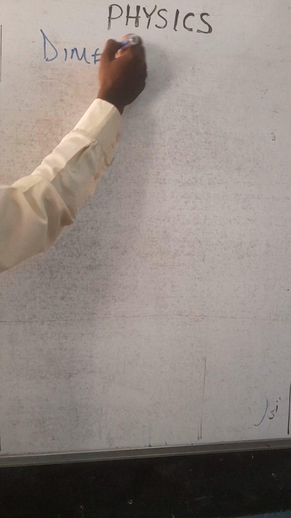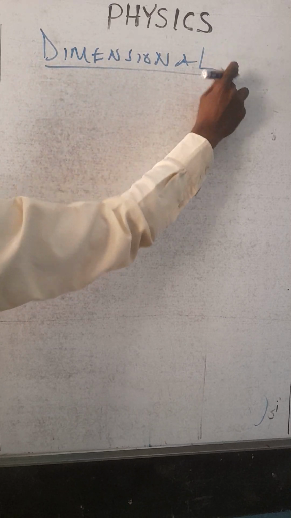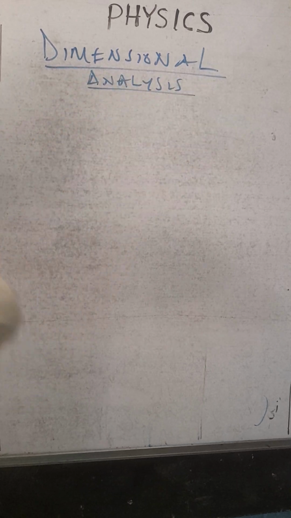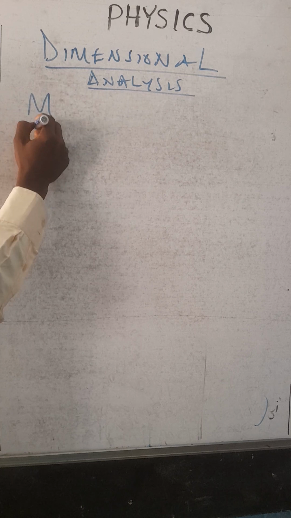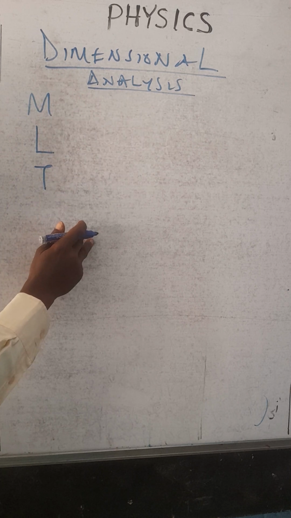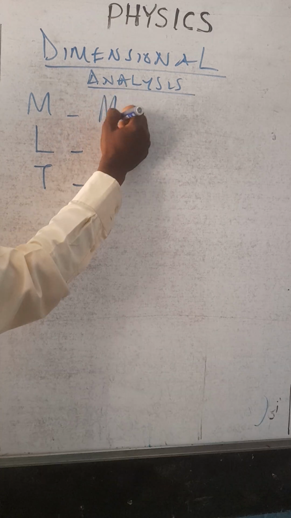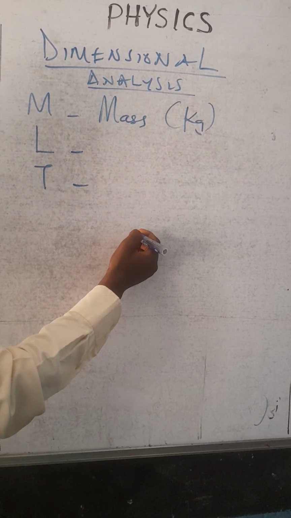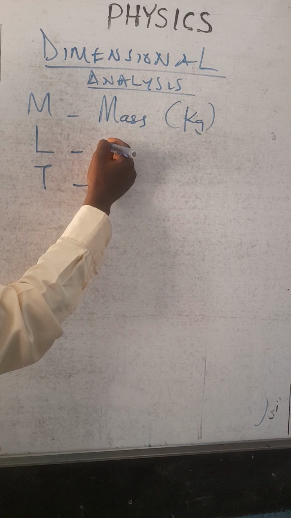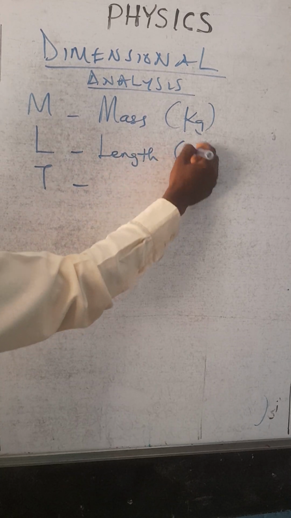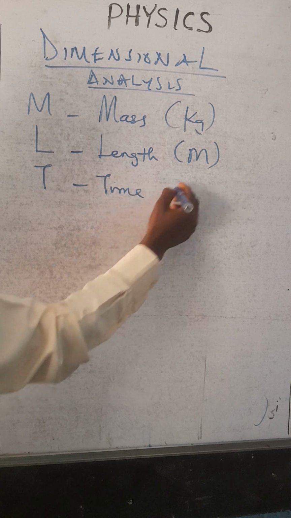When calculating the dimensional analysis, we put into consideration M, L, and T. These are used to represent the fundamental dimensions of mass in kilogram, length in meter, and T, time in seconds.